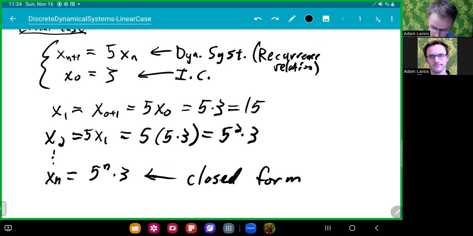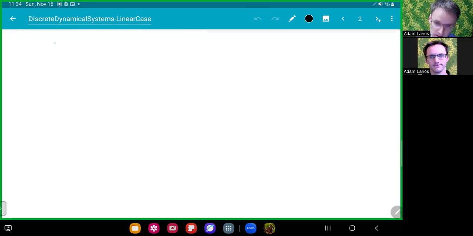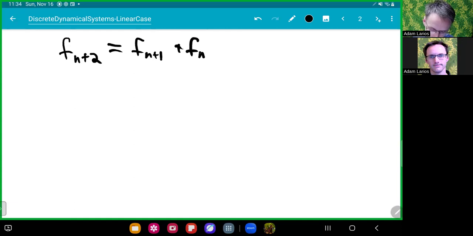Let's take a look at something a little more interesting. Maybe the most famous one in this case is the Fibonacci sequence, introduced by Leonardo of Pisa, who was sometimes called Filius Bonacci, which was shortened to Fibonacci.